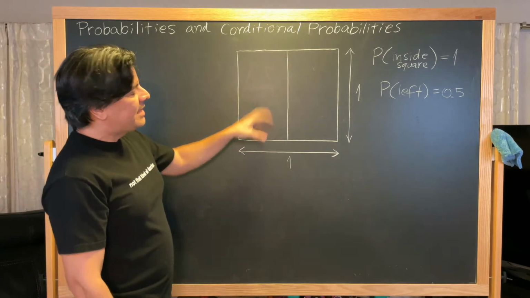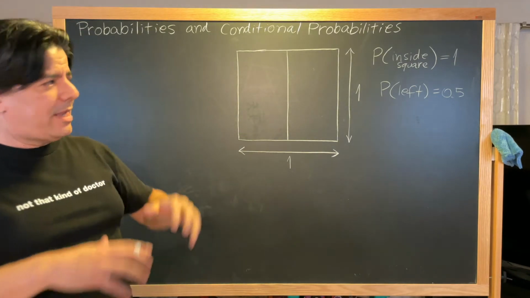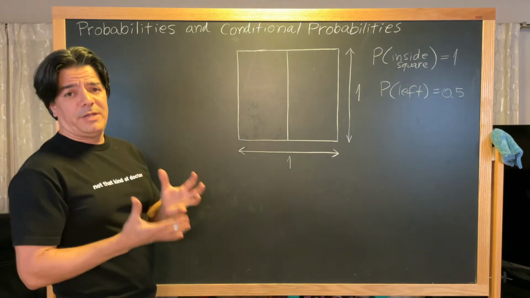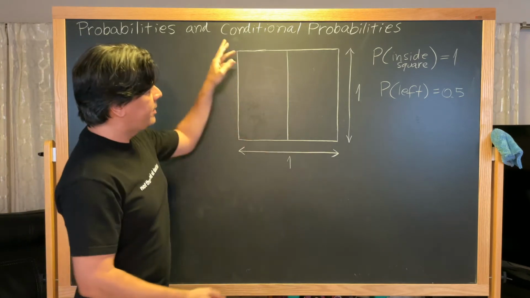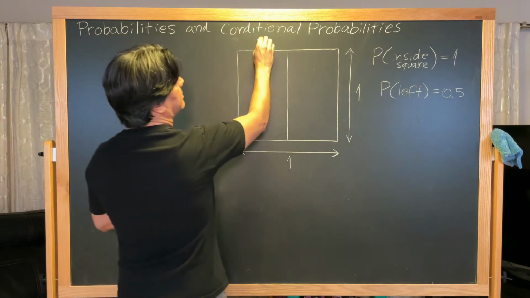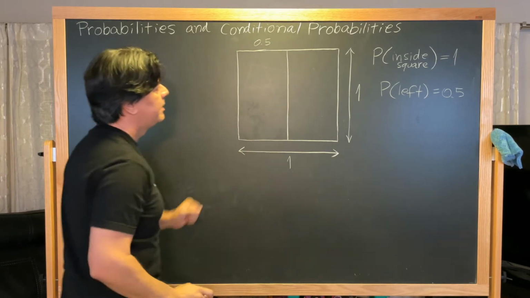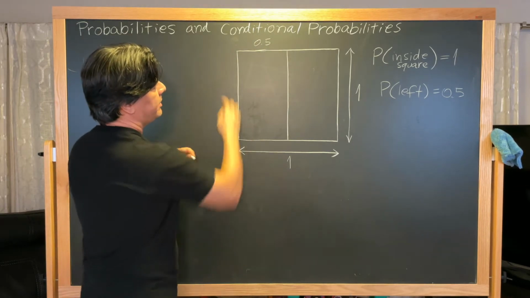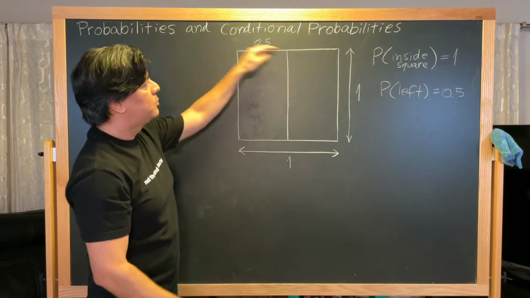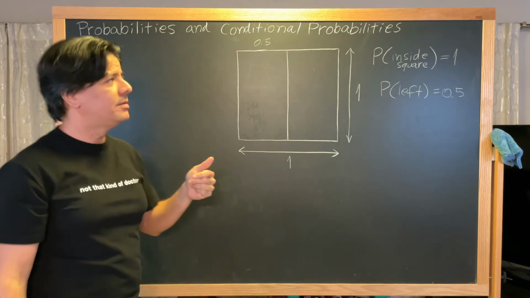Now, I'd like to think of these probabilities as ratios of areas. If this is a 1 by 1, that means this is a 1/2 distance, and this is a 1. So the area of this rectangle is 1/2 times 1, which is 1/2.